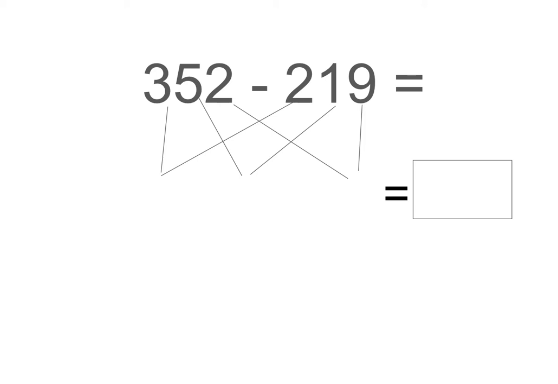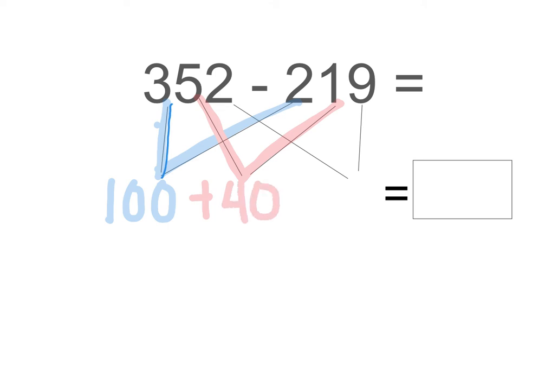352, subtract 219. I'm going to compare my hundreds, and my 300 is larger when I subtract 200. So 300 minus 200 equals 100. 50 minus 10, well, I have enough to subtract 10 from 50, and I have 40. And 2 subtract 9, which 9 is larger, so 2 subtract 9 is negative 7.